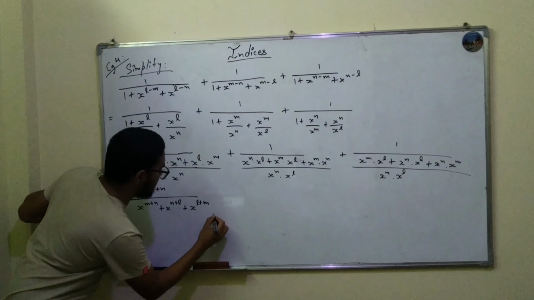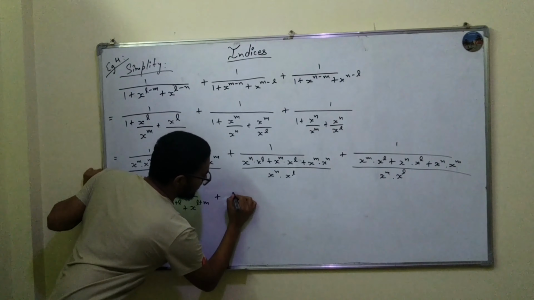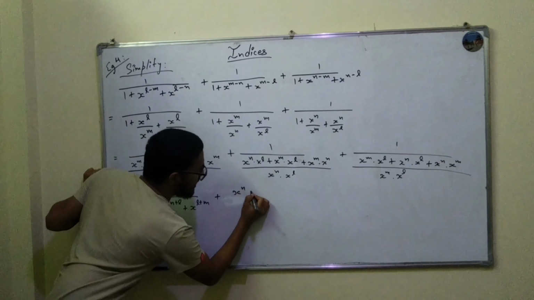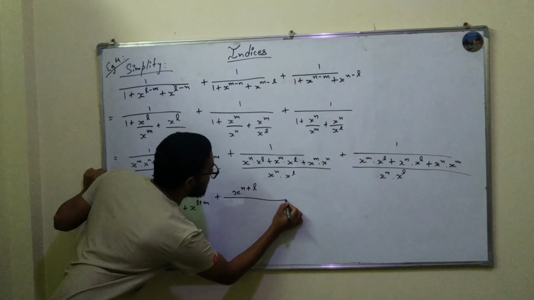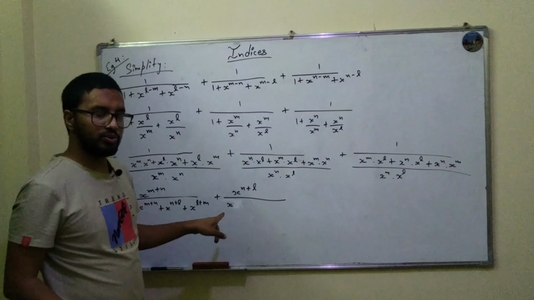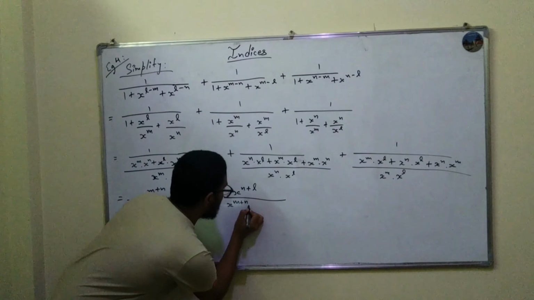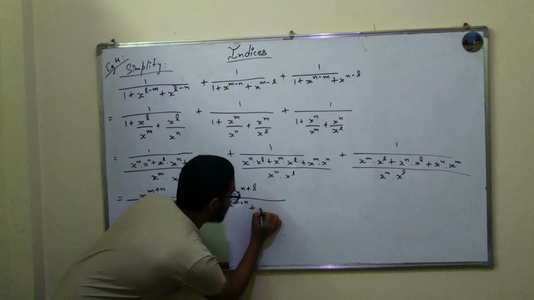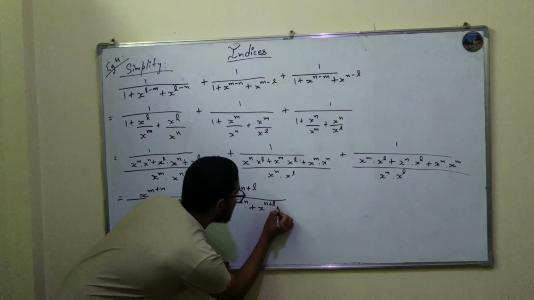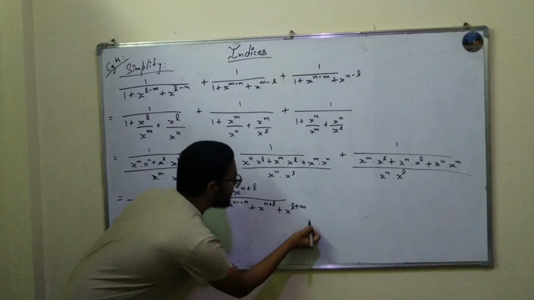So x^(n+n). Again over here, x to the power n plus l. Can I bring this to the front? x to the power n plus n plus x to the power n plus l plus x to the power l plus n.